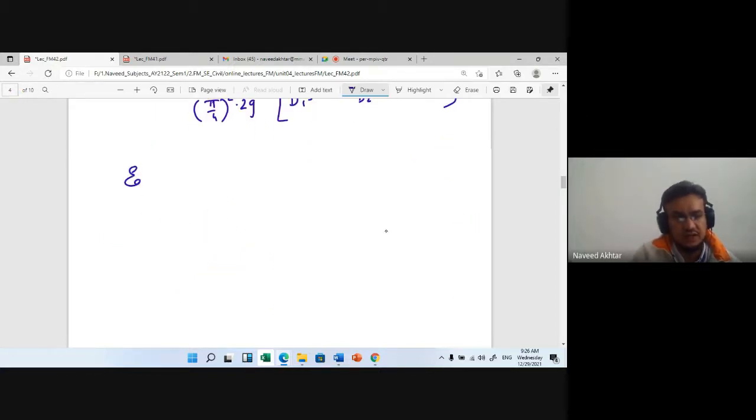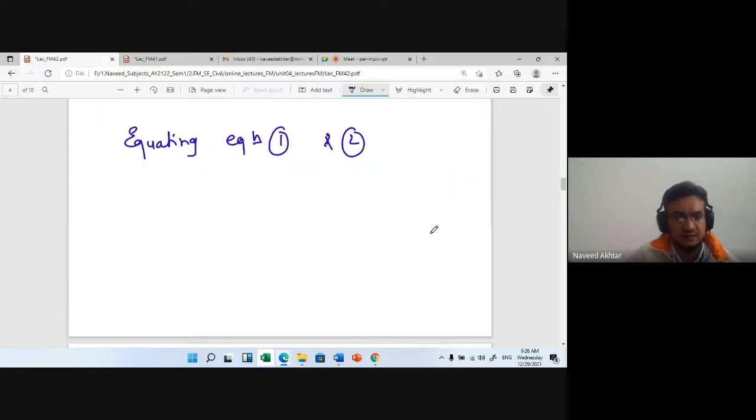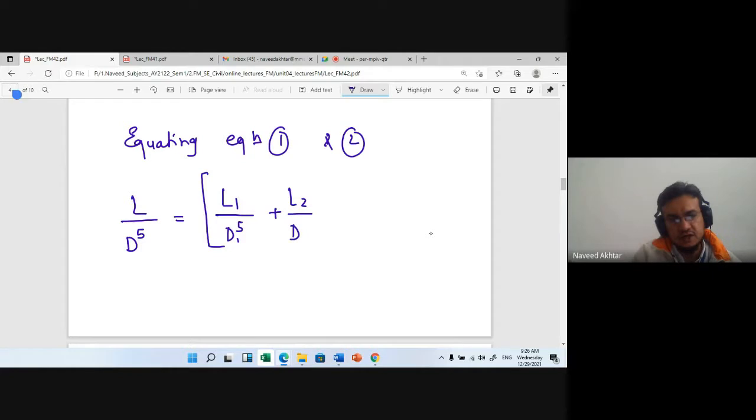Equating equations 1 and 2, the common terms will get cancelled and it will remain L by D to the power 5 is equal to L1 upon D1 raised to 5 plus L2 upon D2 raised to 5 plus L3 upon D3 raised to 5 plus so on. This is equation number 3.